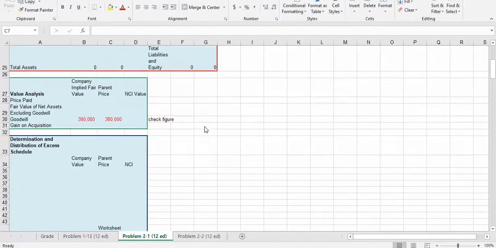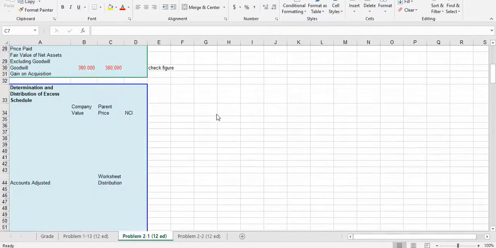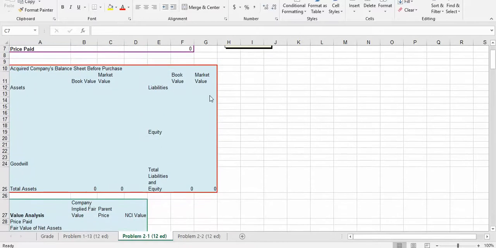Now you'll notice a lot of times I'll put little check figures for you. That's just to help you. Don't get so focused on check figures that, like the expression goes, the tail is wagging the dog, where you're trying to get everything to work onto the check figure.